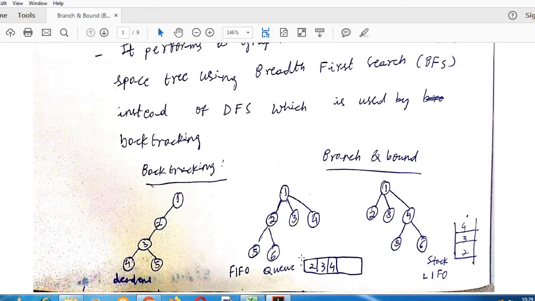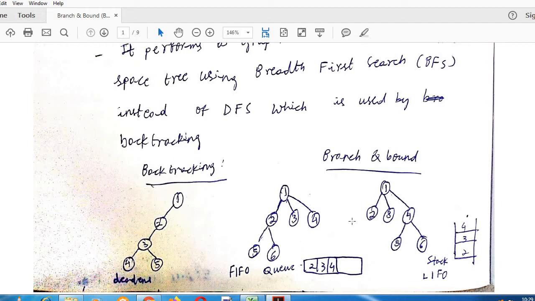Then suppose there are two more nodes associated with node 3, say node 7 and node 8, then we'll traverse node 7 and node 8. Then suppose there are two more nodes, node 9 and node 10, associated with node 4, then we'll traverse node 9 and node 10. So first we'll traverse the root node, then the next level nodes, and then the next to next level nodes. So we are traversing here breadth wise.